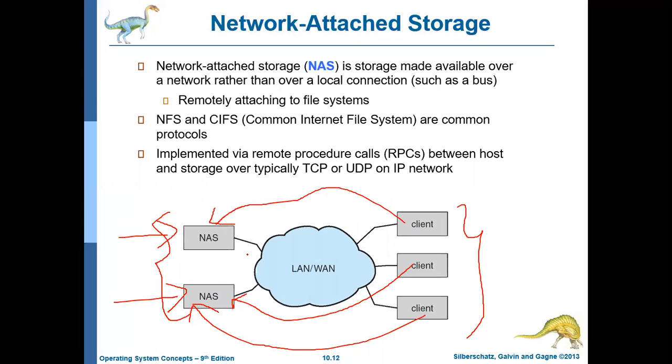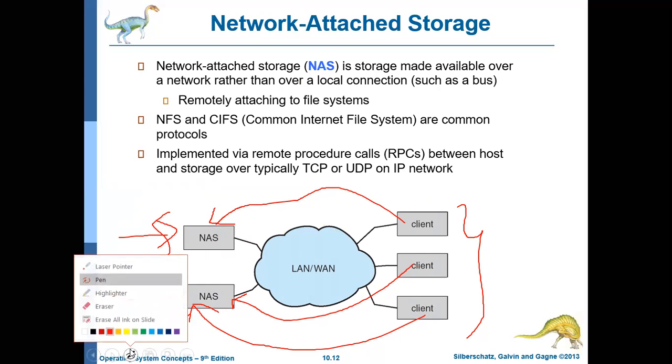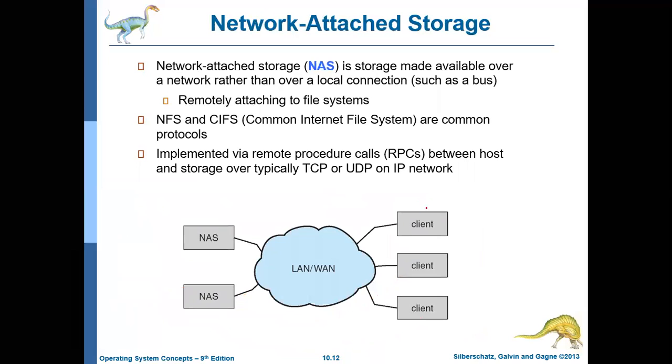Sometimes more storage may be provided and sometimes allocated storage may be removed. But that is not the case in network attached storage. All the available storage will be visible to all the clients, and whatever they want, they have to access according to their requirement. So here the responsibility is on the client. If this client wants to store on this device, it has to store, and if it wants to read, it has to read.